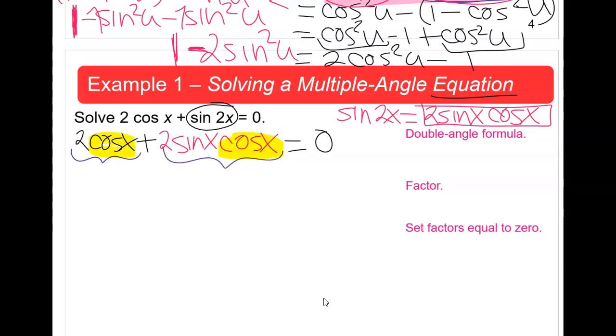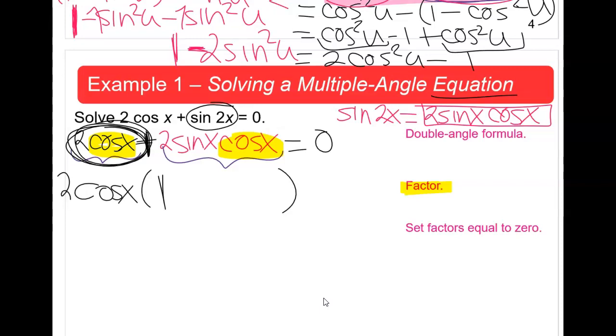What I'm going to do is factor that cosine x out of the left side. If we factor cosine x from here, we will get a 2. In fact, I'm going to factor out 2 cosine x instead. I think that will be better. So 2 cosine x divided by 2 cosine x gives a 1.